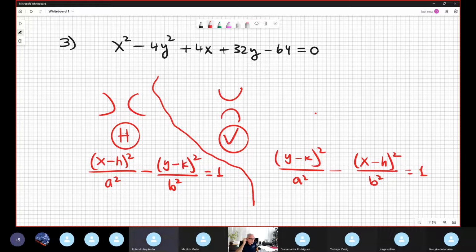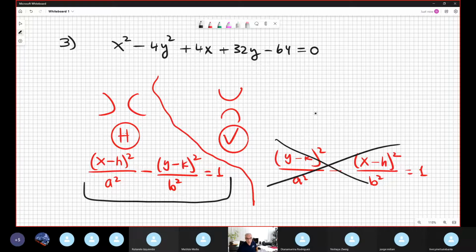Exactly, this is the reason. X is positive, plus, and y is negative. This looks like this equation, not this. Does it make sense, guys, or no?